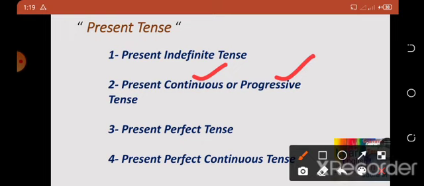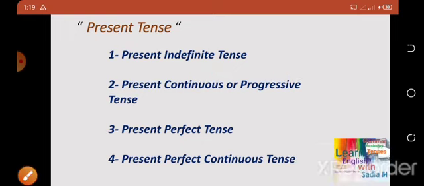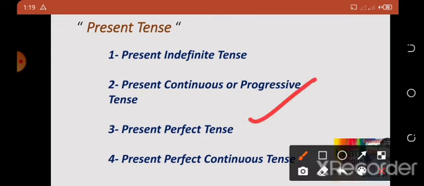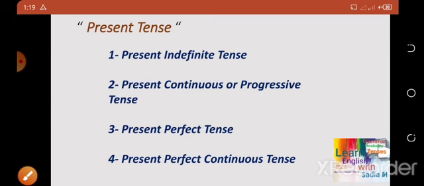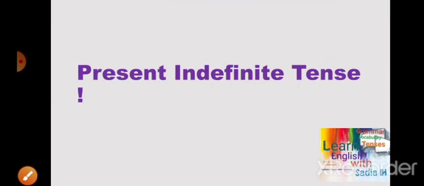You can use present continuous tense or you can use present progressive tense. And the third one is the present perfect tense, and the fourth one is present perfect continuous tense. So in this lecture we are going to deal with the present indefinite tense. So here we go.